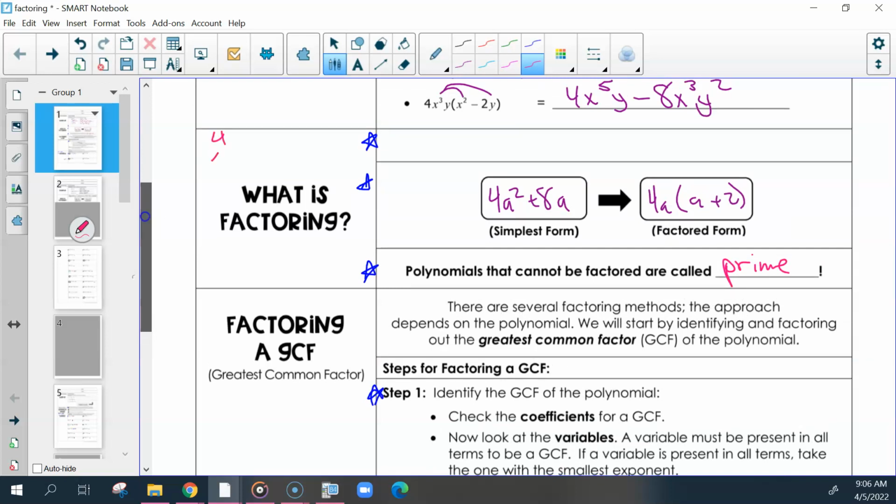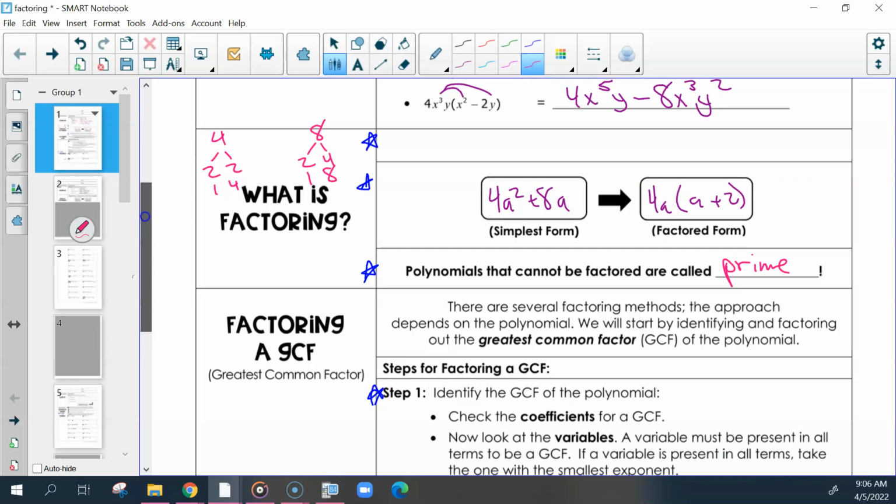So I would list out the factors of 4, which are 2 and 4. And then the factors of 8, 4 and 2, it doesn't matter. A lot of these you have to remember that you can divide itself out too.